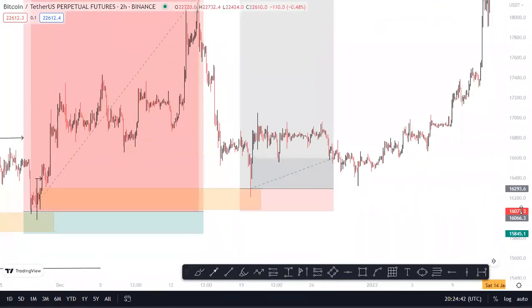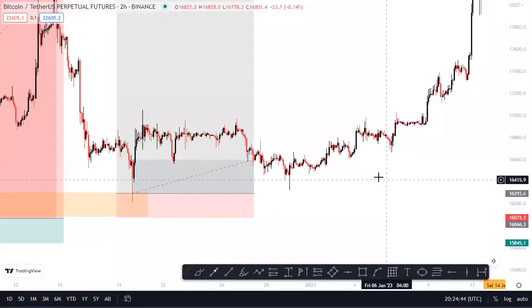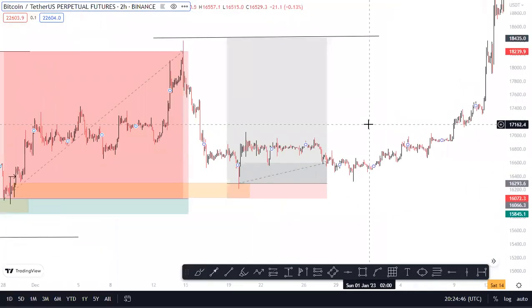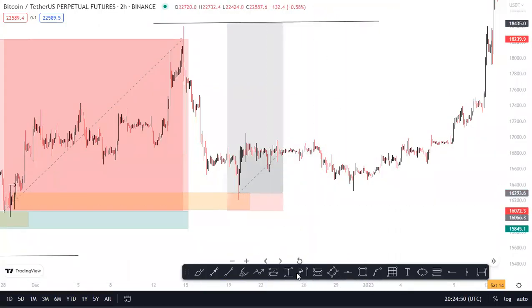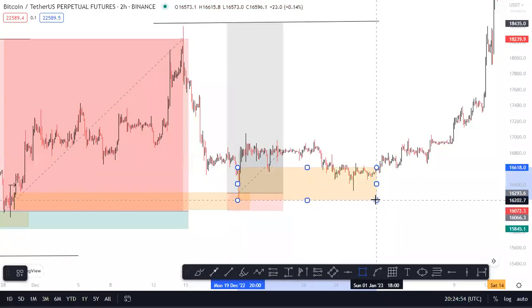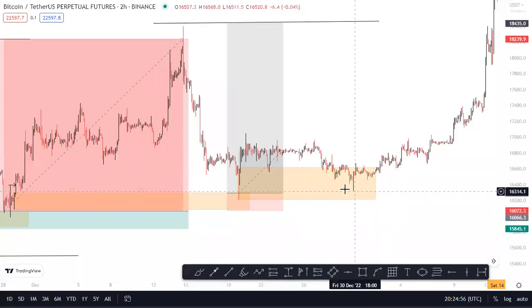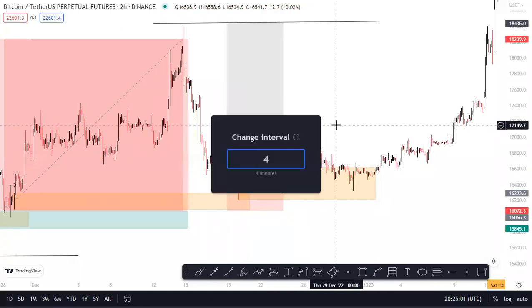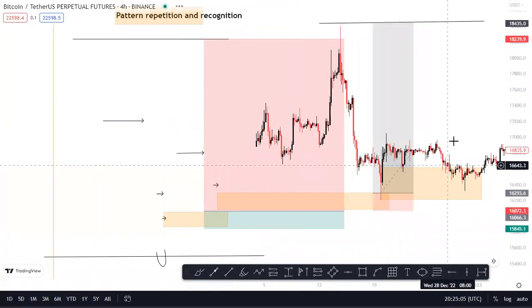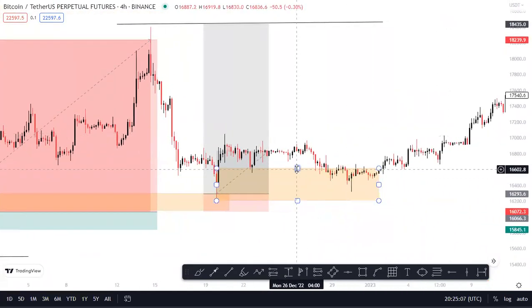So here is another confirmation entry for you. Let me zoom out. A confirmation entry for you at this point. So here is another order block. The price was coming from this other block in full. This is a full order block. Let me use the 4 hour time frame, so I can see the order block well.